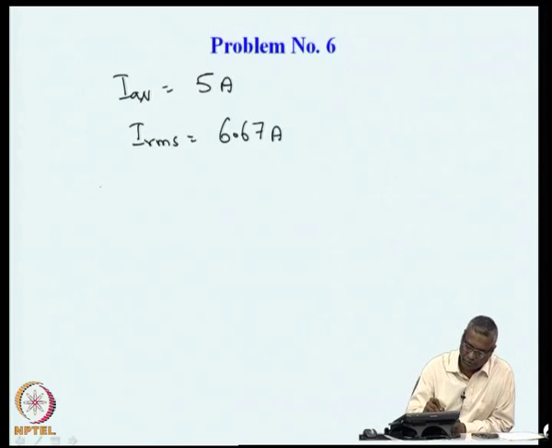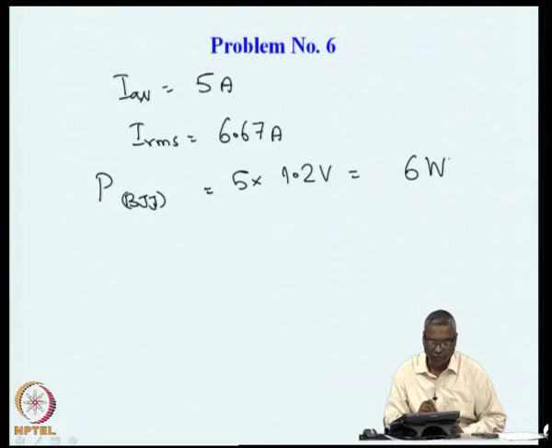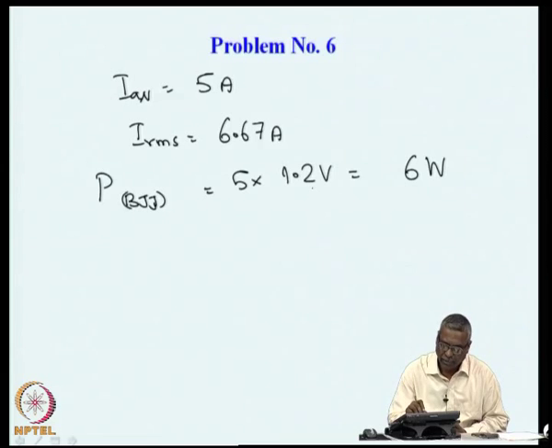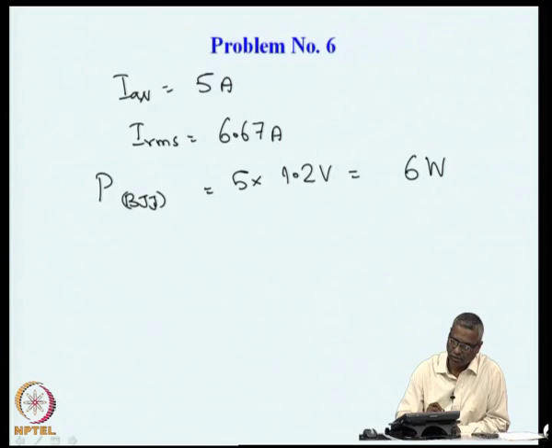So, it is possible to find out the loss of a BJT, that will be 5 into voltage drop, which is 1.2 volts, which is 6 watts, because we know that the power loss is average current multiplied by the device voltage drop, which is constant in a BJT.